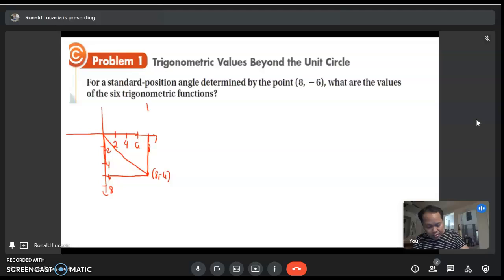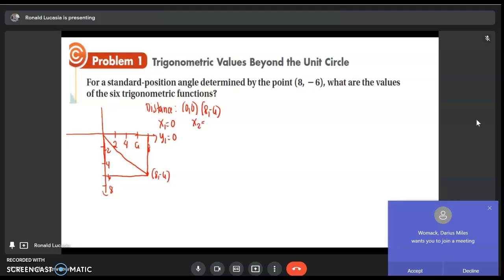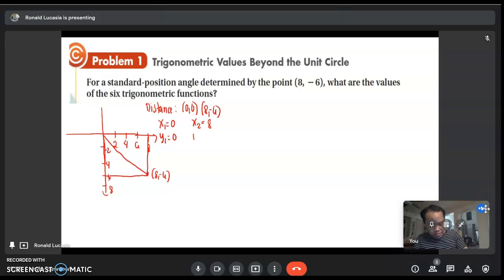So the first step is the distance from 0, 0, which is the point of origin, to 8, negative 6. So our x sub 1 is 0, y sub 1 is 0, x sub 2 is equal to 8, and y sub 2 is equal to negative 6.